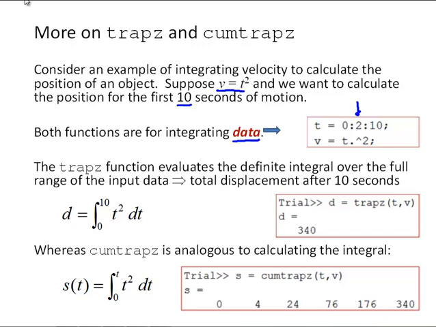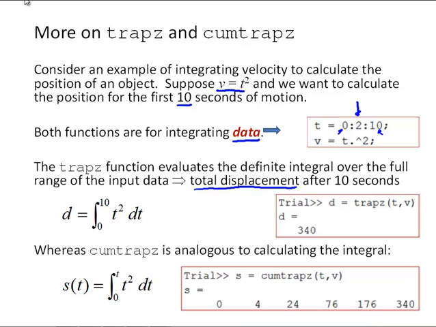Now if we use the trapz function, we would be calculating the total displacement after 10 seconds. So that's the equivalent of taking the integral from 0 to 10, so from the lower limit to the upper limit of t squared dt.